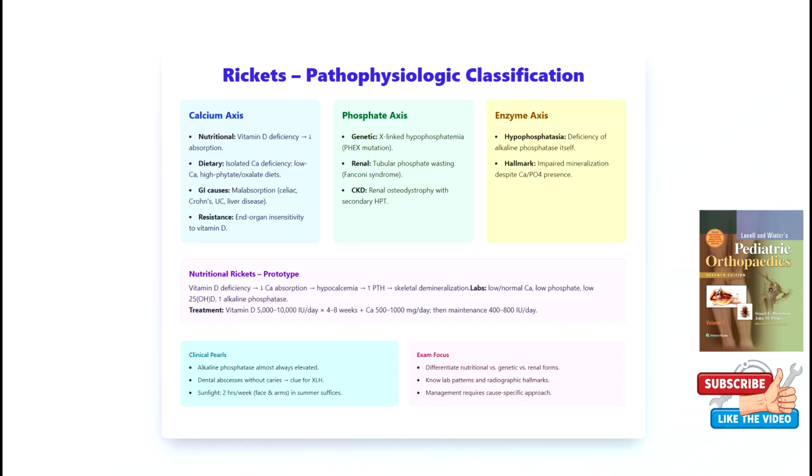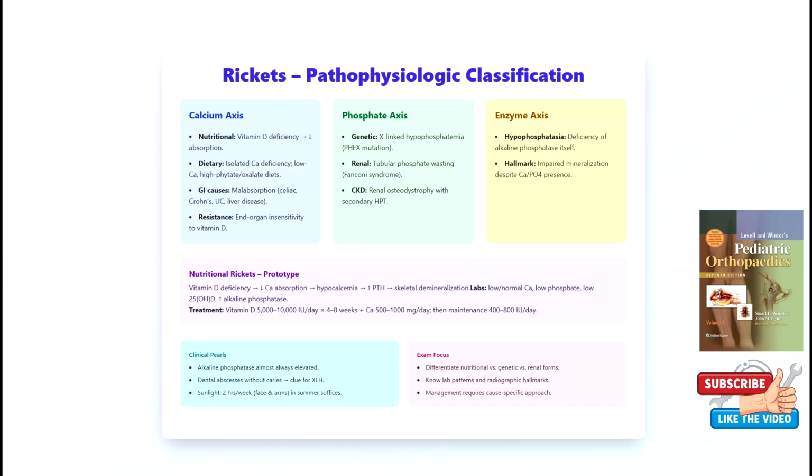Unlike nutritional rickets, where vitamin D deficiency is the culprit, here the problem is renal phosphate loss. Another key point: in X-linked hypophosphatemia, serum 1,25 dihydroxyvitamin D levels are inappropriately low or normal, despite hypophosphatemia. The body fails to increase calcitriol production, which worsens the mineralization defect.